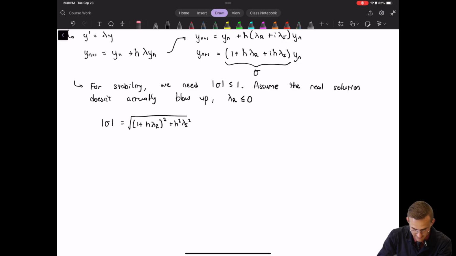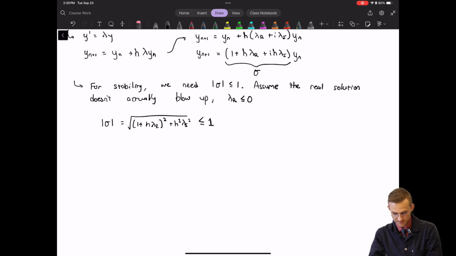And we need that thing to be less than or equal to 1. Okay, so this is our general stability criterion. Okay, and the way we visualize this is with a stability diagram.